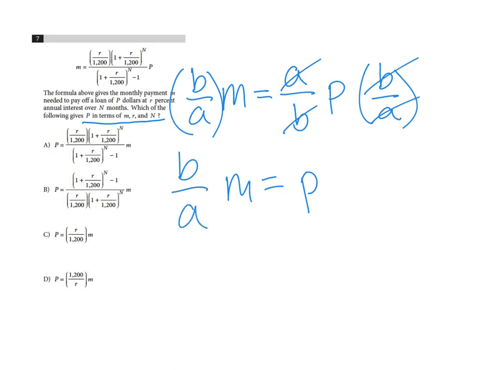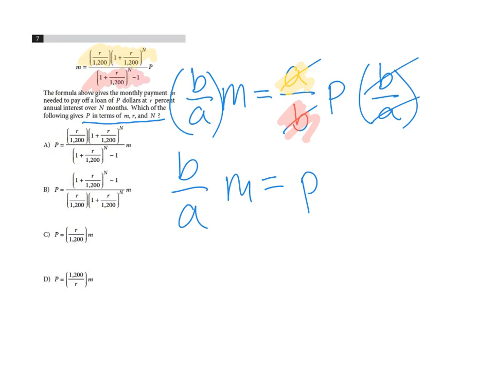Okay? Well, B over A, if we look back at our equation, in our example here, I just said A over B. Yeah? So what was A in our equation? Well, A was this guy up here, and B was this guy down here.